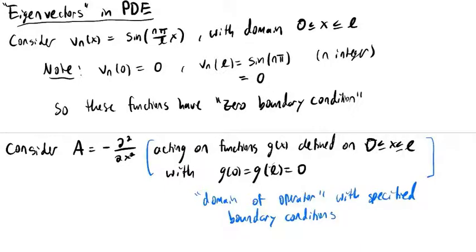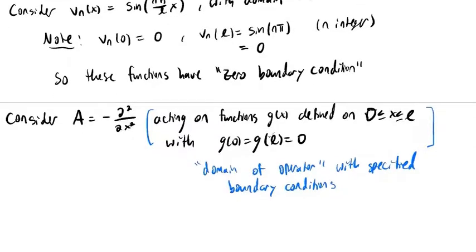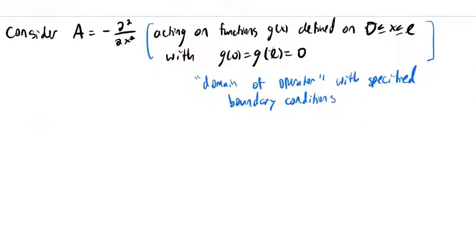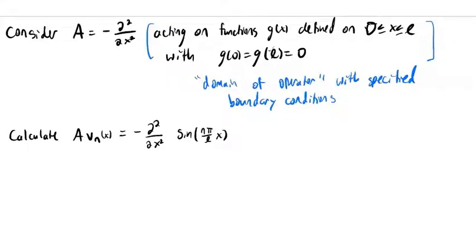Okay, and now what happens if I apply this matrix A to these vectors Vn, or sorry, these functions Vn, right? So what I'm going to do is calculate A applied to Vn, which technically is a function of x, right? A of Vn of x. Well, this is equal to negative second order derivative of sine of n pi over L x, right?